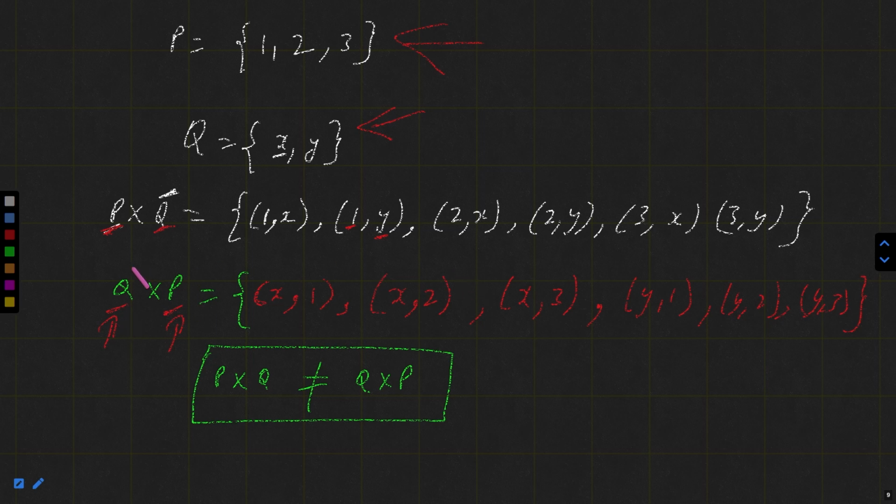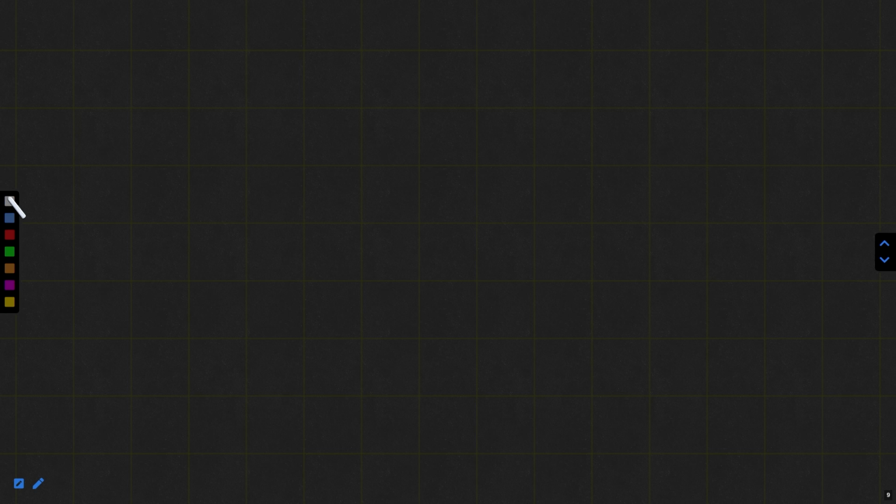Let us take another example for your convenience. Say A is the set A, B, and B is the set C, just a singleton set with a single element.